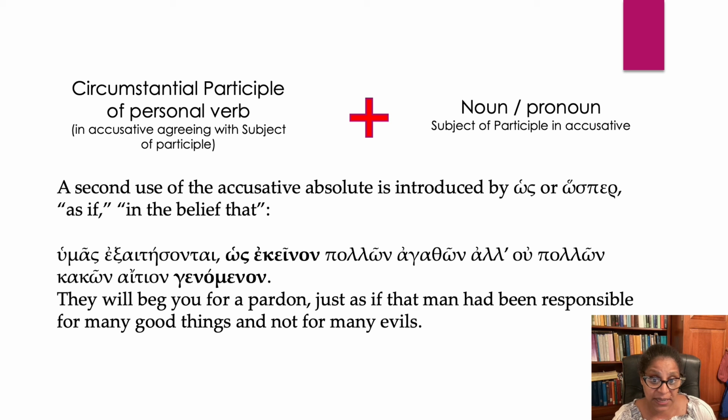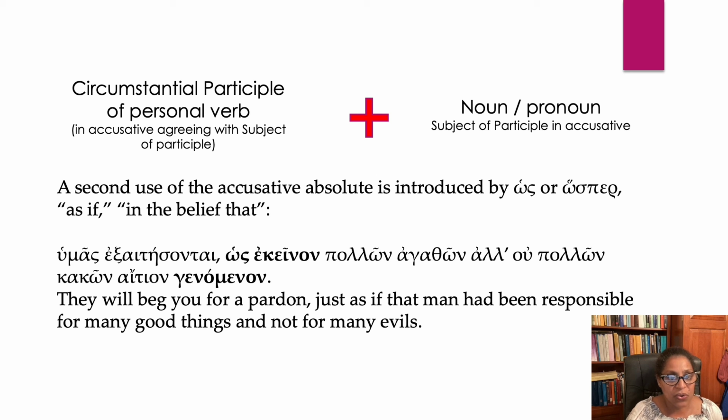All right, but sometimes you get the accusative absolute used like the genitive absolute, right? And usually this is marked by it being introduced by hos or hosper. So here we have humas iketeusontai. They will beg you, you plural, right?